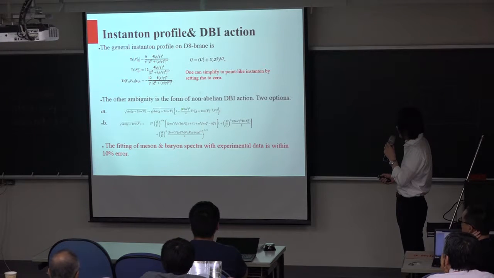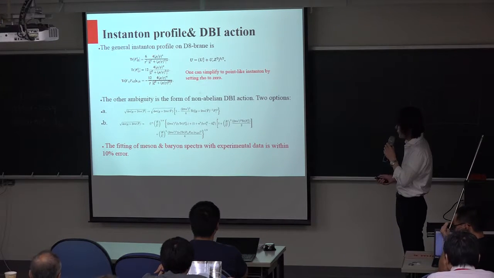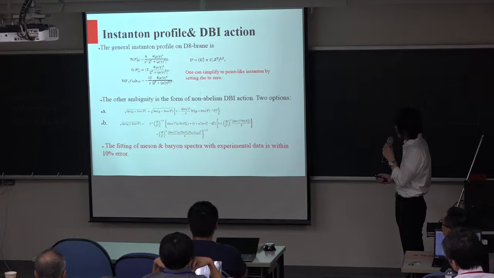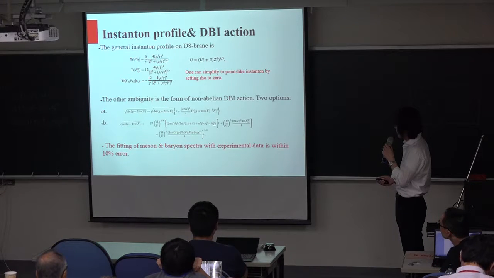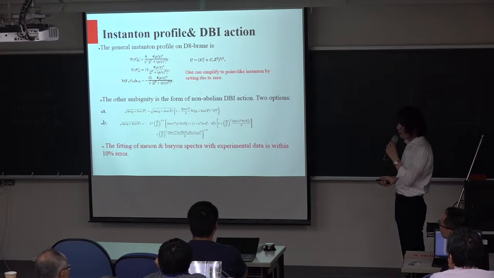And then this non-abelian DBI action is not so easy to deal with, but there are two ways: you could expand it up to quadratic order in F of the non-abelian terms, or you can keep the non-abelian terms to all orders, but keep them inside of the root. When we do this numerical calculation, this approach is easier.